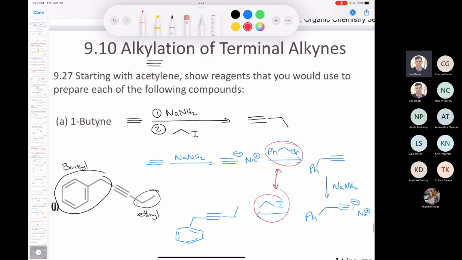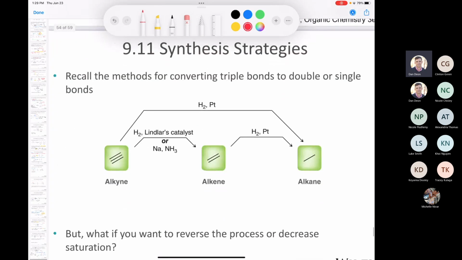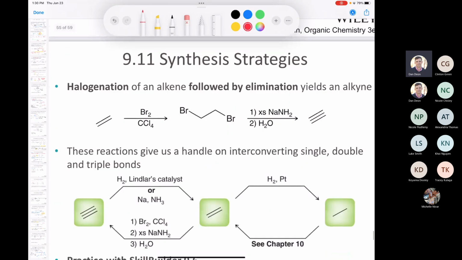So that covers all of chapter 9, except for the last section, which is nothing more than putting everything that we've learned together and saying, okay, these are all the different conditions for reductions that we've learned: reduction of alkenes and alkynes, reduction of an alkyne to a trans alkene or a cis alkene.